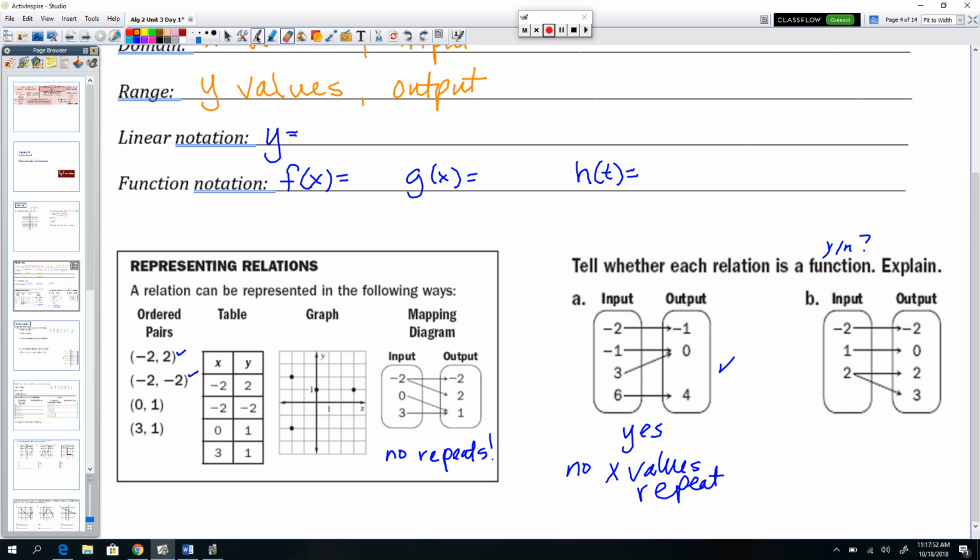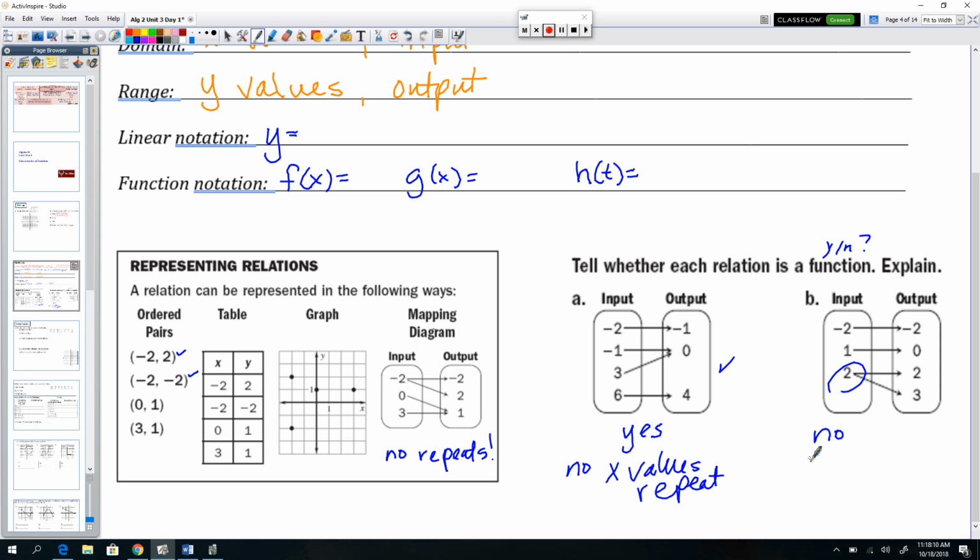So understanding that, let's look at part B and see if this one's a function. Are there any inputs that cause 2 different outputs and ruin our predictability? The answer is yeah, right there. We have this 2 causing 2 different outputs. That's a no-no. So no, this is not a function.